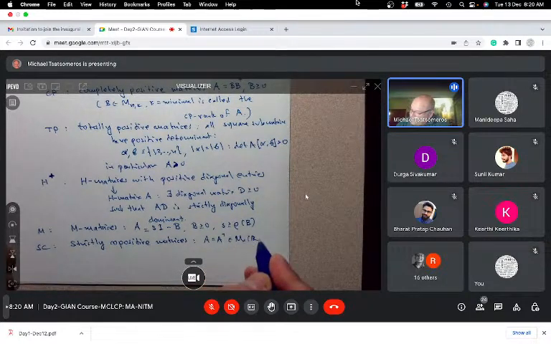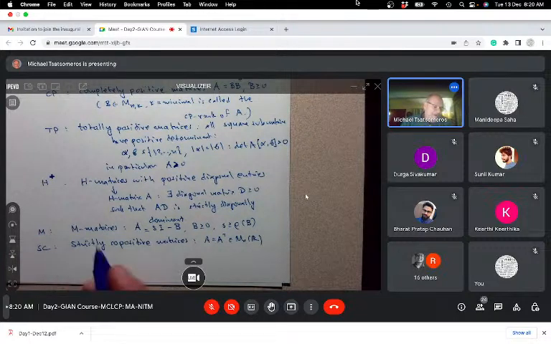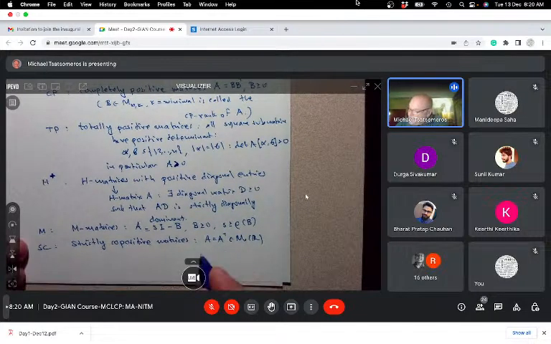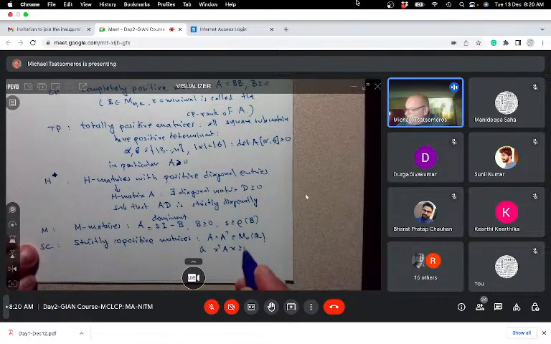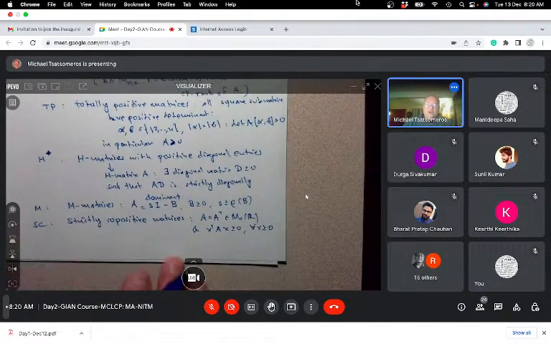So let me make sure that I make them real. So they are symmetric, and X transpose AX is greater or equal than 0 for every X greater or equal than 0.